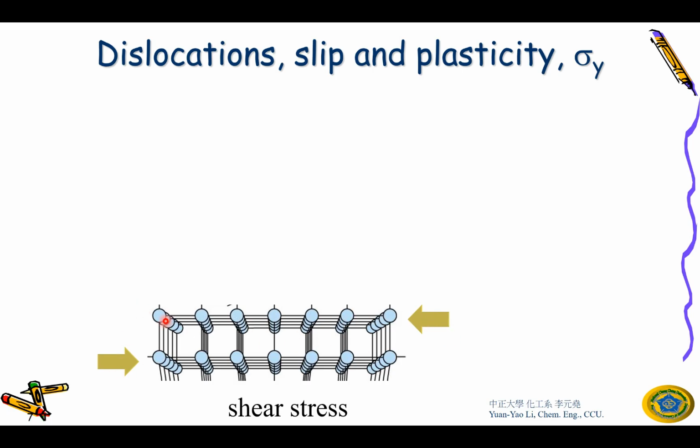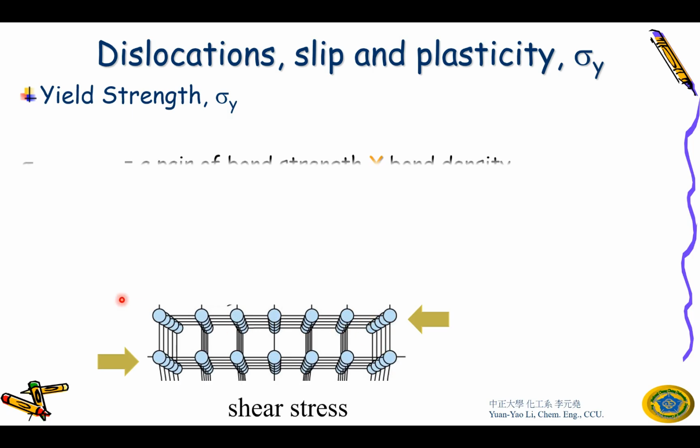Then you want to move this one more spacing. That requires what we call yield stress. When you calculate this theoretically, first of all, you need to break the bond of this, and this, and this, and then move one forward.